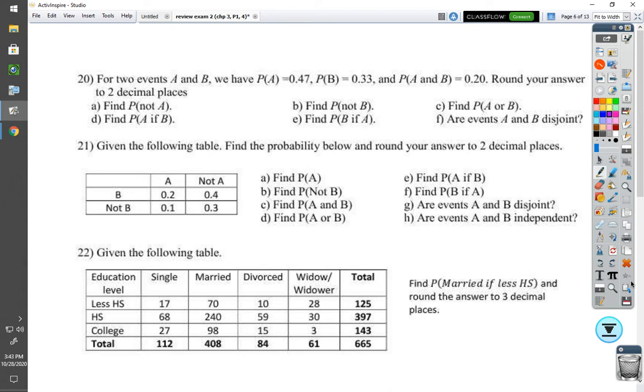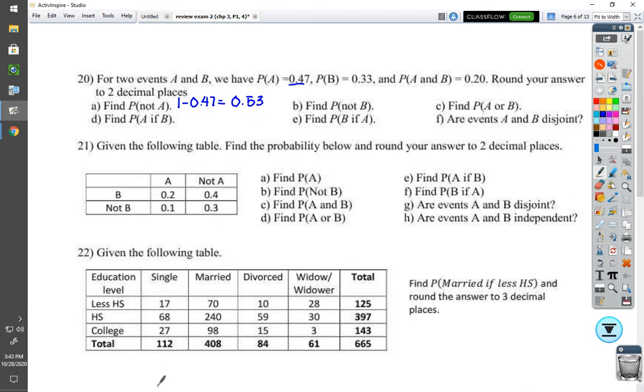Question number 20. For two events A and B, we have probabilities listed: A is 0.47, B is 0.33, and A and B is 0.2. Round your answer to 2 decimal places. Finding the probability of not A: we already know A is 0.47, so it's easiest to calculate 1 minus 0.47, which gives 0.53.